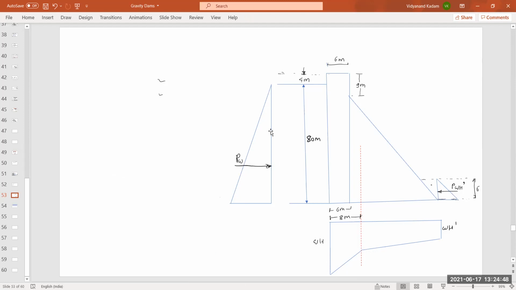This is the diagram showing all the forces. Now, which are the forces? Primary forces are the self-weight of the dam. So show the self-weight of the dam at the CG of this rectangle and triangle. Self-weight of the dam, W1 and W2.